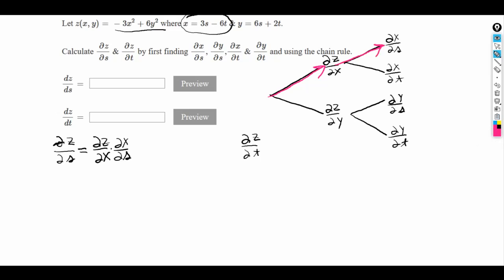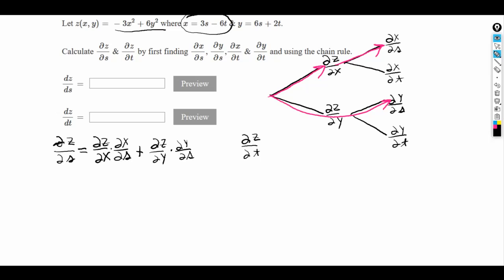We can get the partial of z with respect to s this way by doing the partial of z with respect to y and the partial of y with respect to s. So there's our formula. Now, it's possible you could write that formula without a tree diagram.